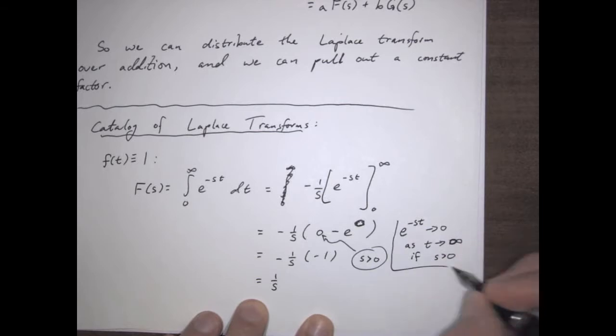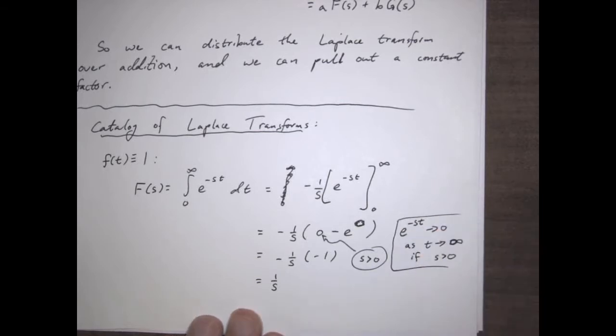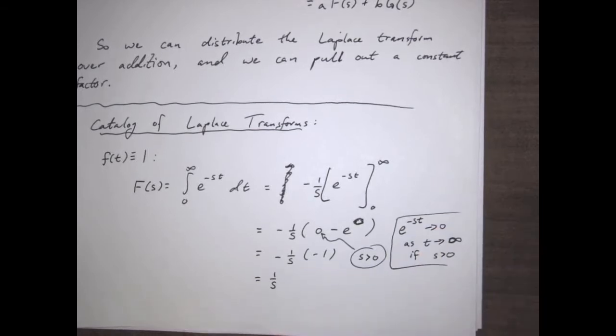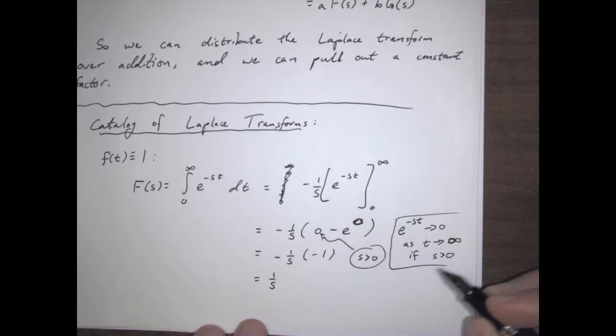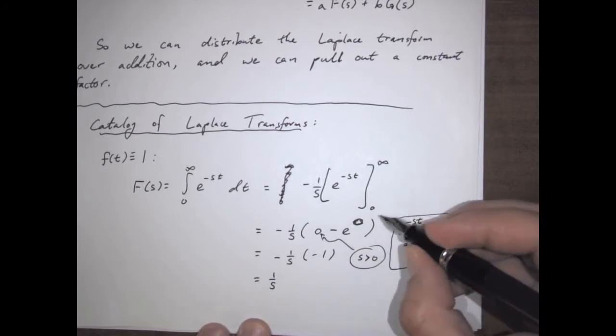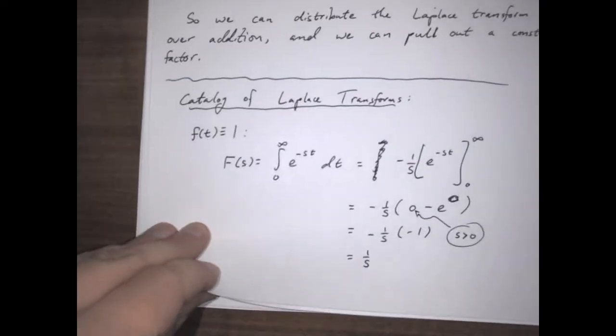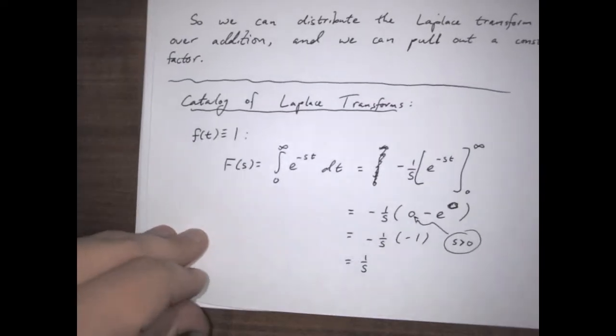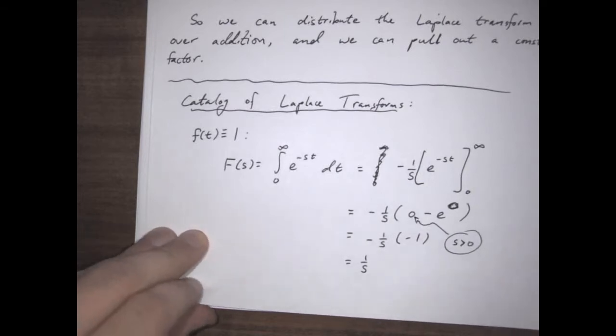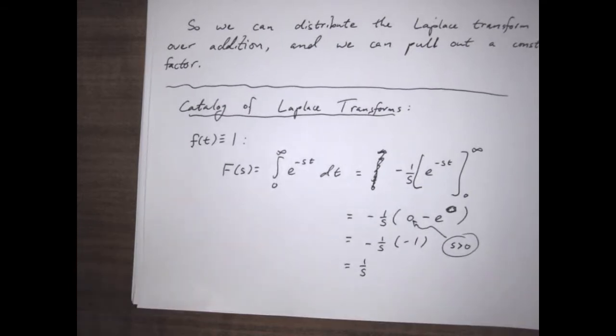So in other words, if it has a negative exponent, then it has a horizontal asymptote at 0, which it'll approach as t goes to infinity. So that's the reason for this part right here. However, it's not really going to be our business to be plugging values for s very often into this, so that's just kind of a technicality, actually.